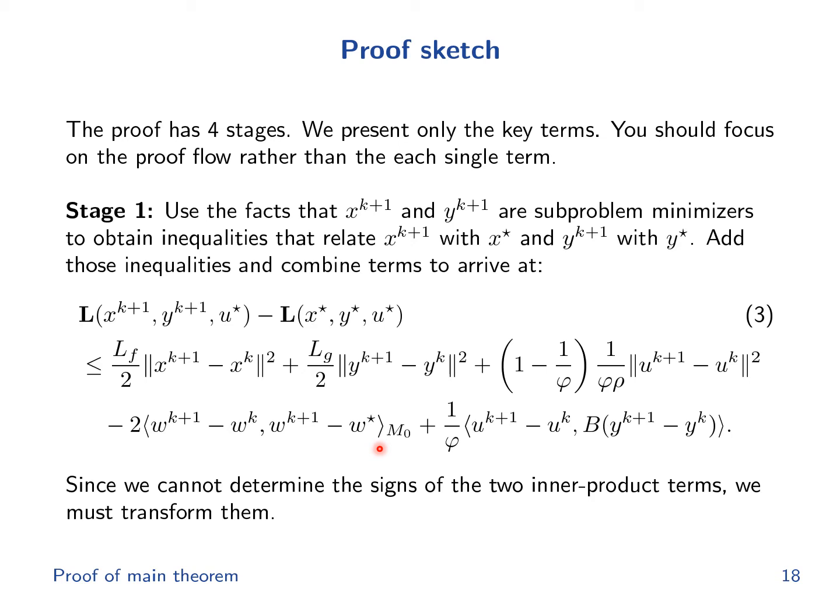Recall from previous lectures that in the proofs we always come up with non-negative terms to draw conclusions on. However, given the information so far, we're not able to determine the size of these 2 inner product terms yet. Therefore, we need to further transform and decompose them.